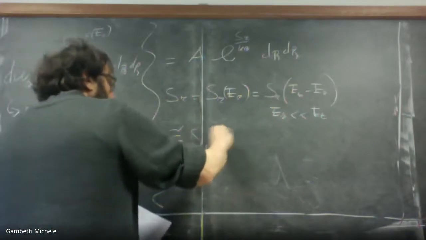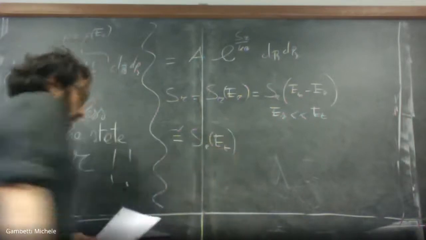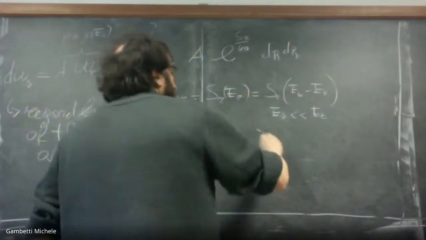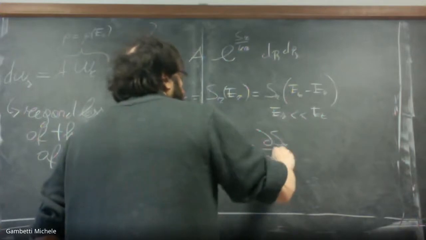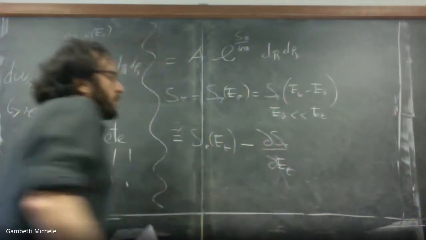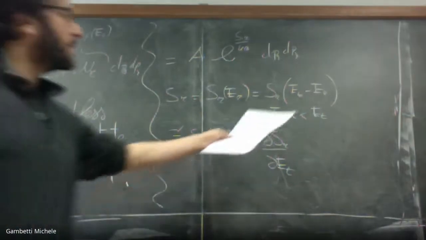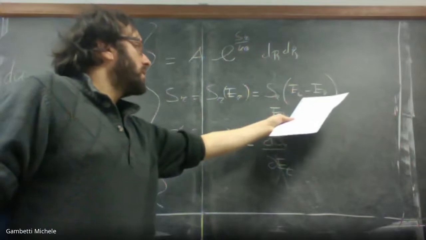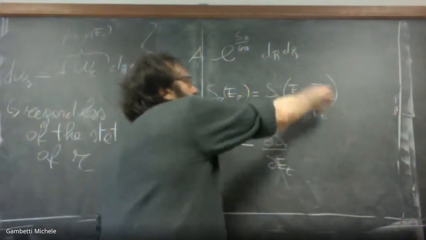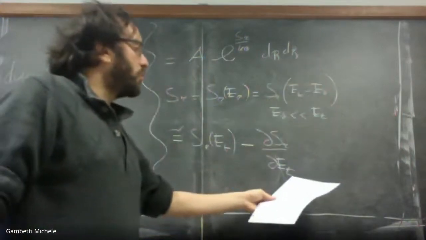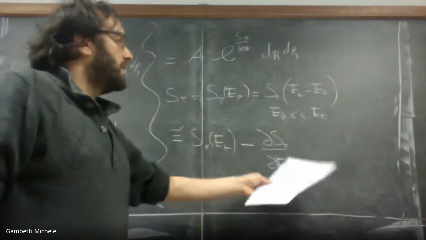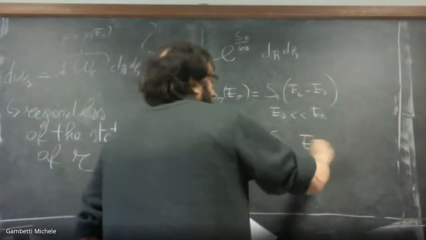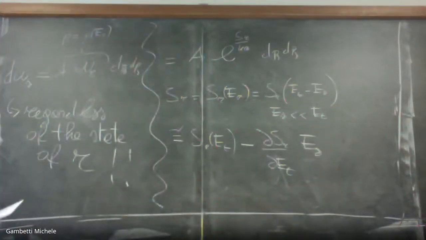And then this can be written as SR of ET. Then I have minus the derivative of SR with respect to ET, in which case I'm basically assuming that this is a function of its argument, of course, and I have to compute this quantity at ES equal to 0, times ES, the Taylor expansion. Okay.